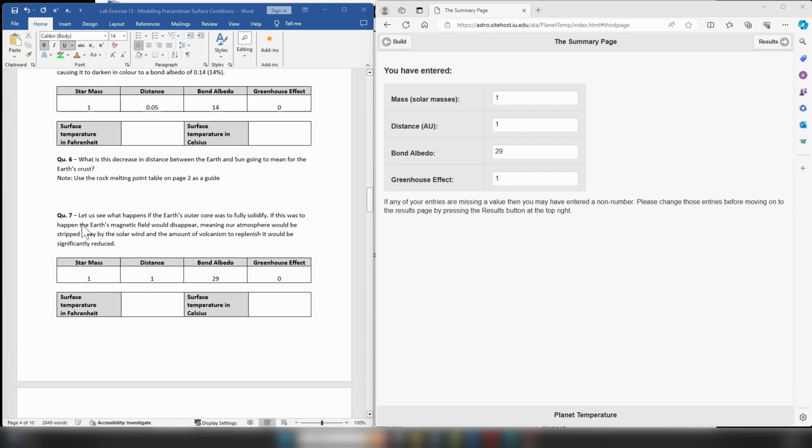In question 7, we're going to imagine that the Earth's outer core has fully solidified. This is the situation where Mars finds itself. Obviously, the planet Mars, just like Earth, used to have a liquid outer core.